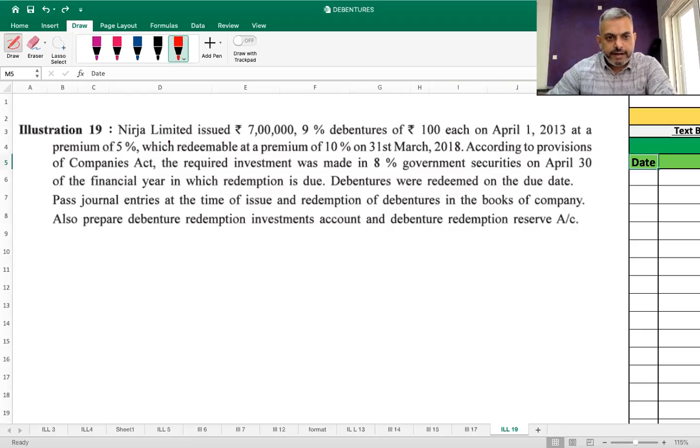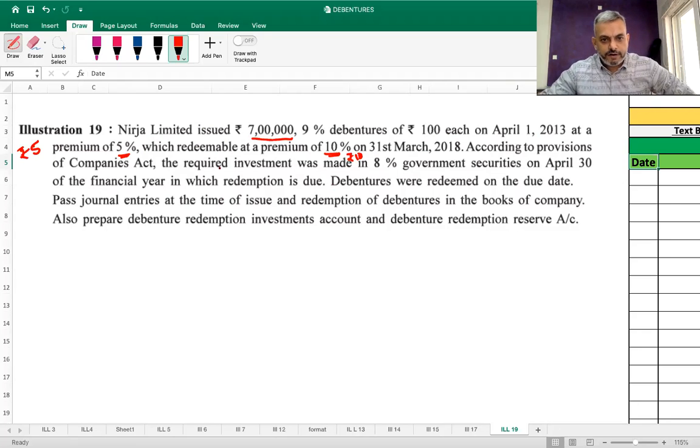Now, illustration 19, Nirja Limited issued 7 lakh 9% debentures of 100 each on 1st April 2013 at a premium of 5%, so at a premium of rupees 5, which were redeemable at a premium of 10%, so rupees 10. So we are collecting basically 105, but we have to pay back 110.